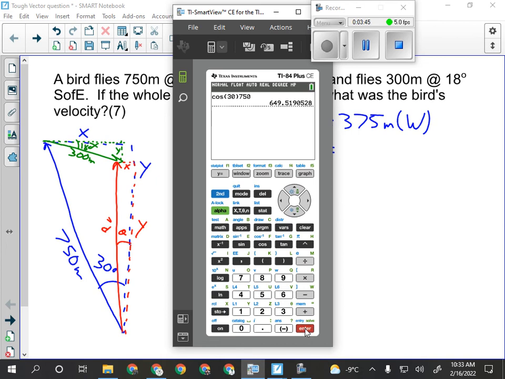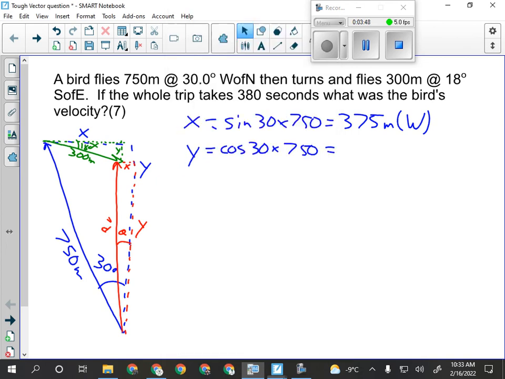So that side's going to be 649.52 meters north.